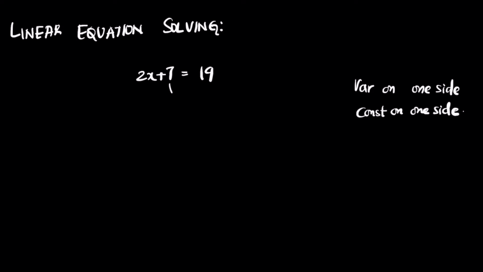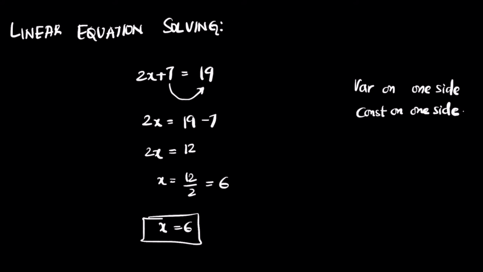Which means that 7, push it to the other side. So it becomes 2x equal to 19 minus 7. So 2x equals 12 and x becomes 12 by 2, which equals 6. So what we are basically trying to do in a linear equation is to solve and find x.